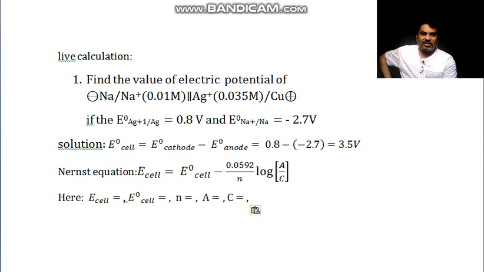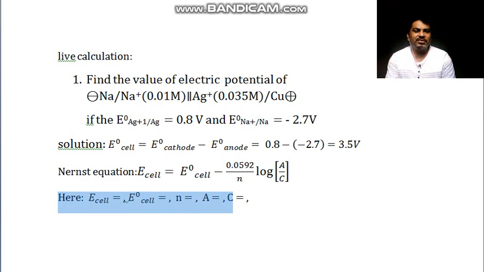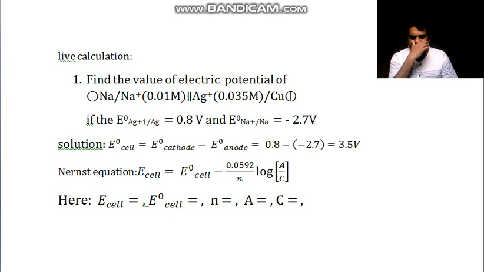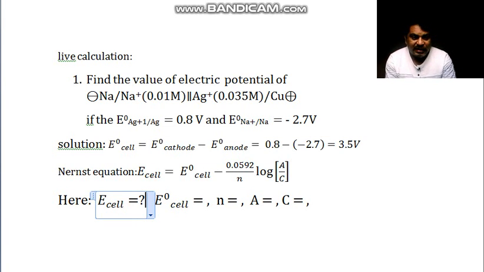Let's check which values are given to you. First is written E cell. For your betterment I am enlarging it. The E cell is what we have to find, so I am putting a question mark there.